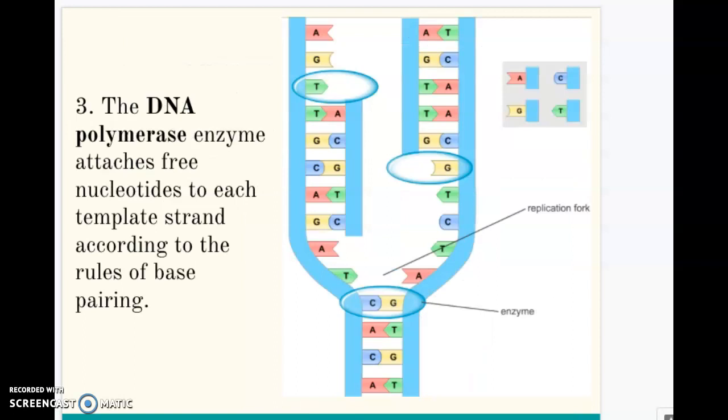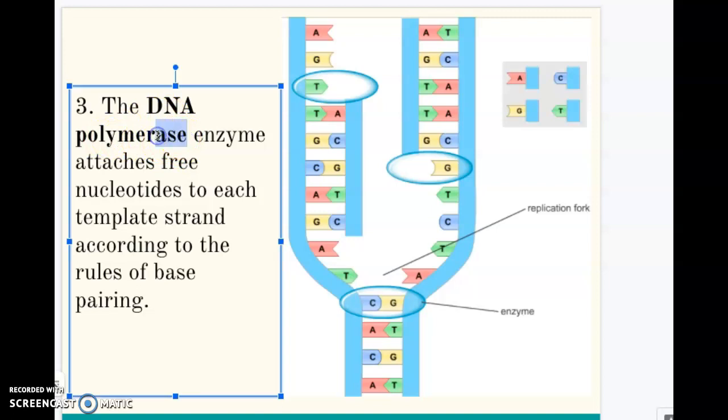The DNA polymerase enzyme attaches free nucleotides to each template strand according to the rules of base pairing. Let's just look at this word for a second: polymerase. Ase means enzyme. Polymer means many units put together, many monomers put together. And DNA.